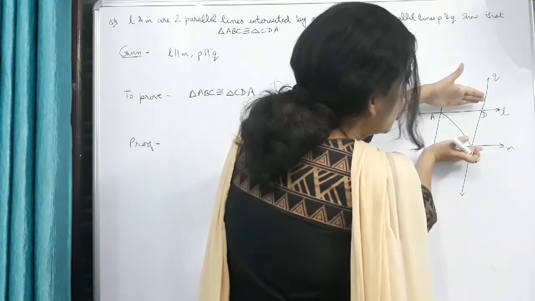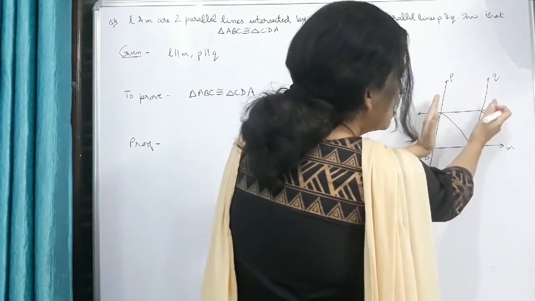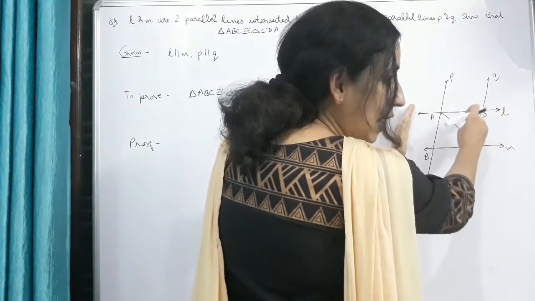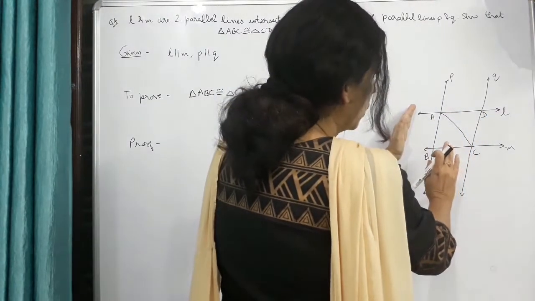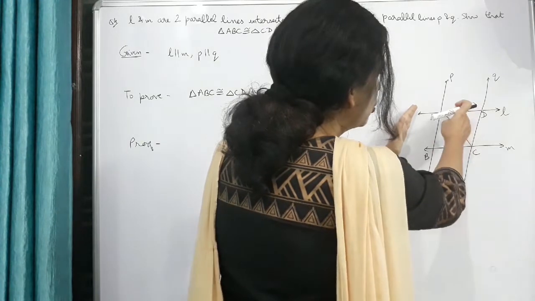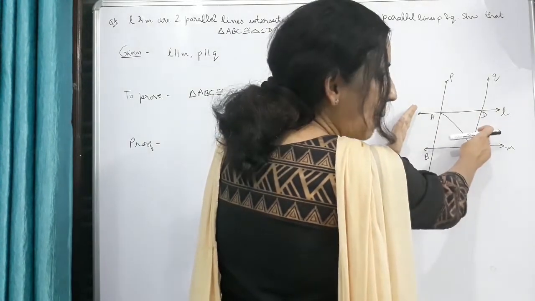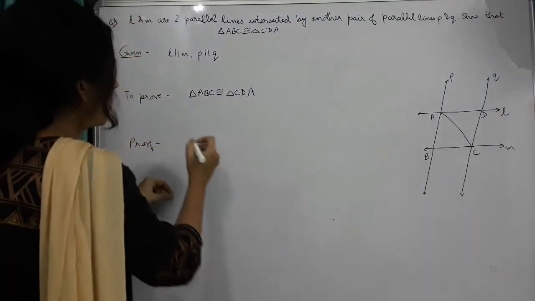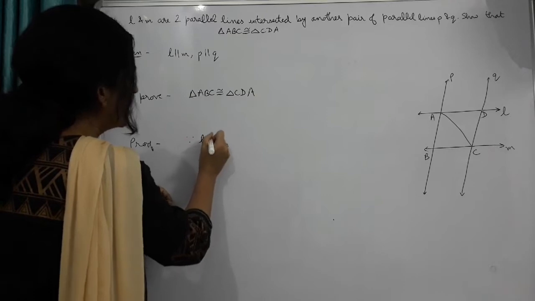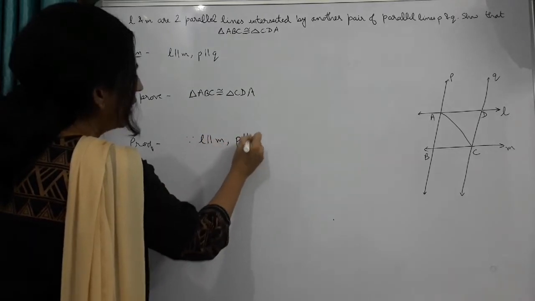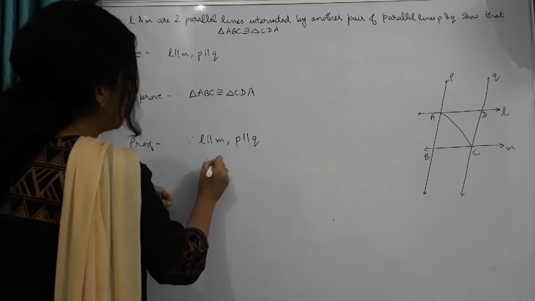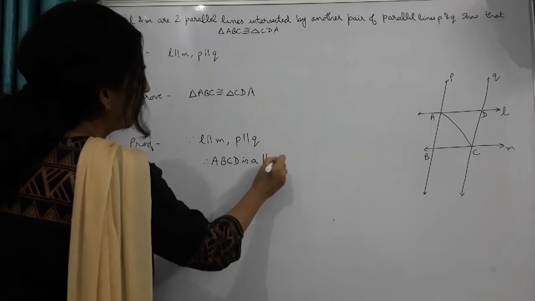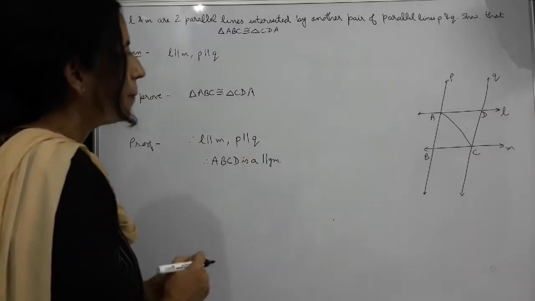Now if these two are parallel lines and these are also parallel lines, so definitely this quadrilateral ABCD will be a parallelogram, because we know that a quadrilateral in which both pairs of opposite sides are parallel is a parallelogram. So over here we write down that since L is parallel to M and P is parallel to Q, therefore ABCD is a parallelogram.